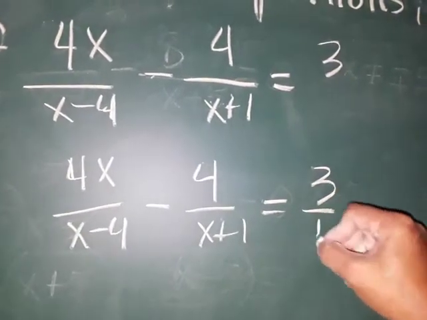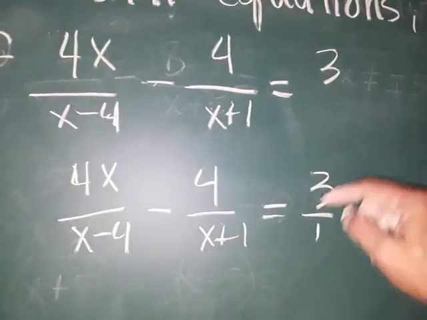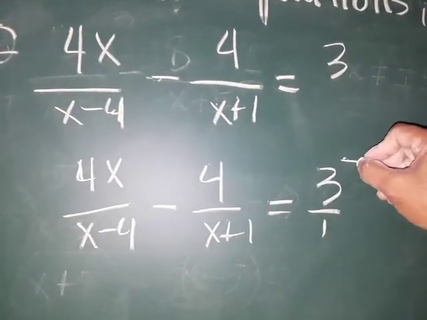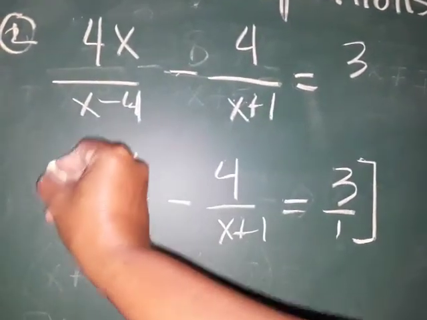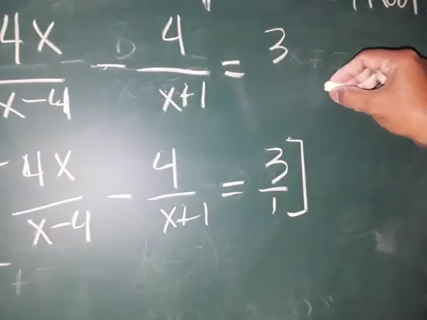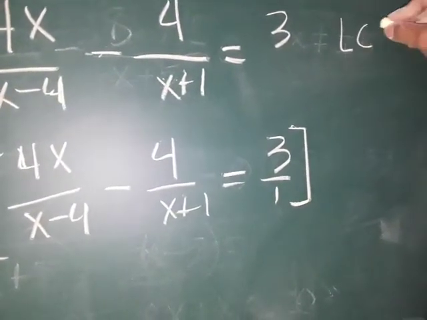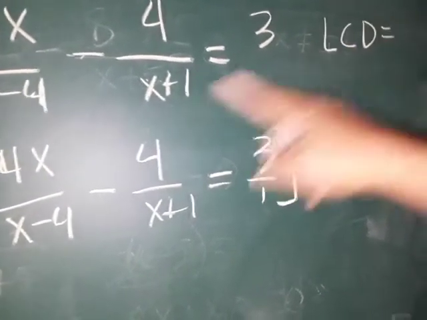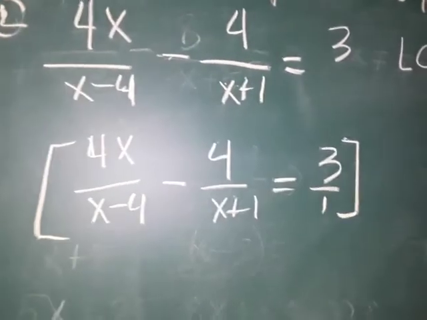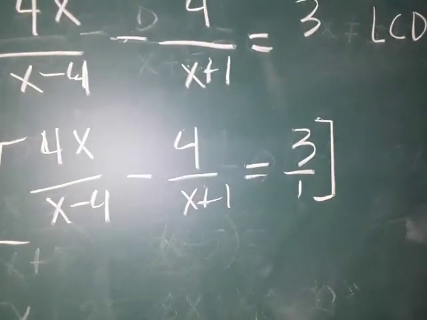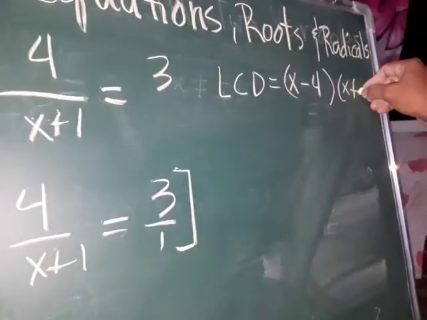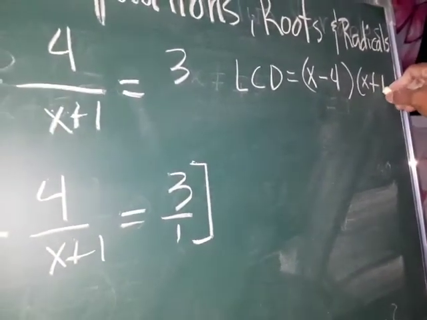Let's put 1 below. 3 divided by 1 is equal to 3 pa rin. Okay, so we're going to multiply our LCD. Our LCD is x minus 4 and x plus 1.